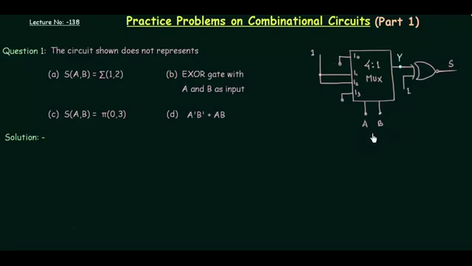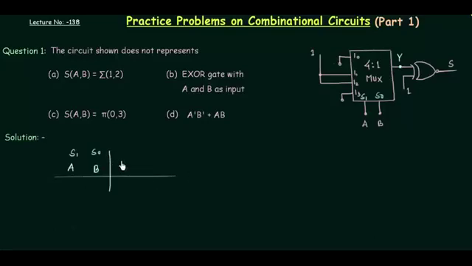You can see that the selector variables are A and B, and the selector variables play a very important role in the determination of the output. So we will make the truth table. S1, S0 are the two selector variables for the 4x1 MUX, and S1 in this case is A and S0 is B.